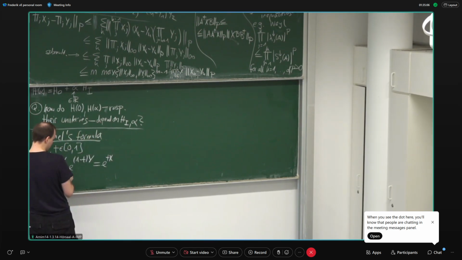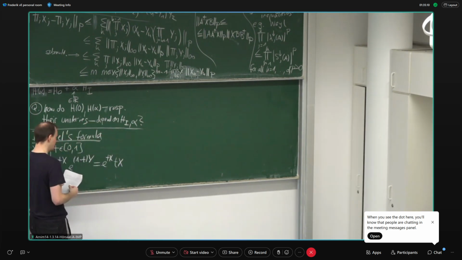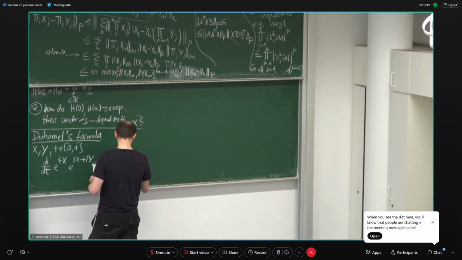So one term will feature an x in the middle, and one term will feature a 1 minus t times y.